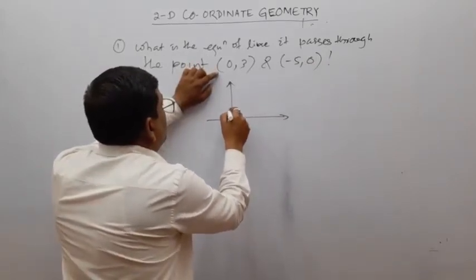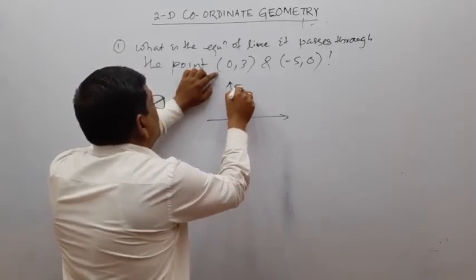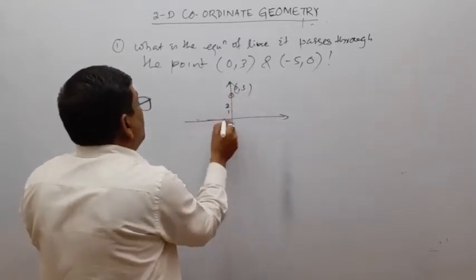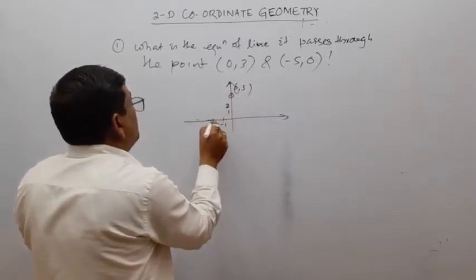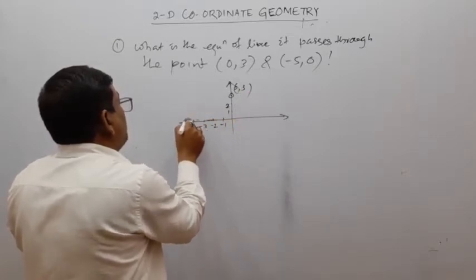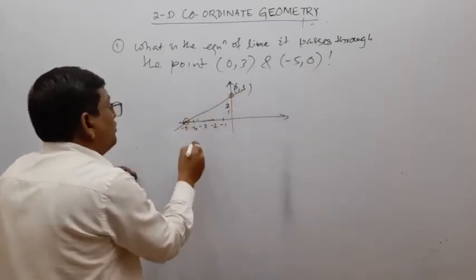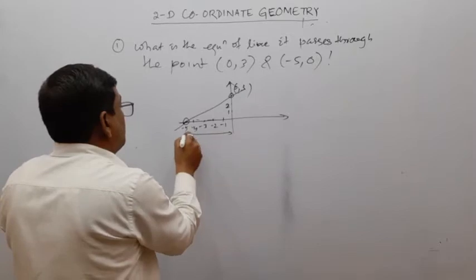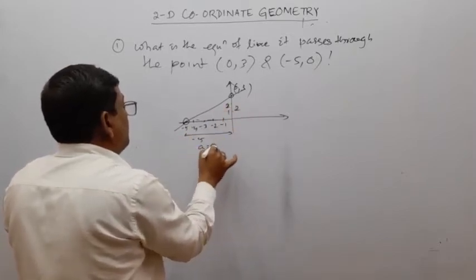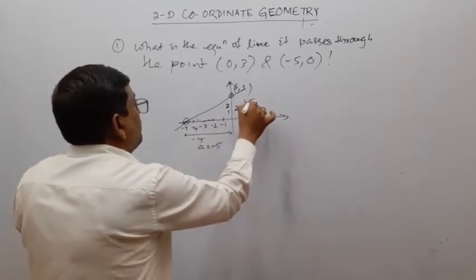This is 1, 2 and this is 3. The other point is (minus 5, 0), with minus 1, minus 2, minus 3, minus 4 and minus 5. Here a is equal to minus 5 and b is equal to 3.